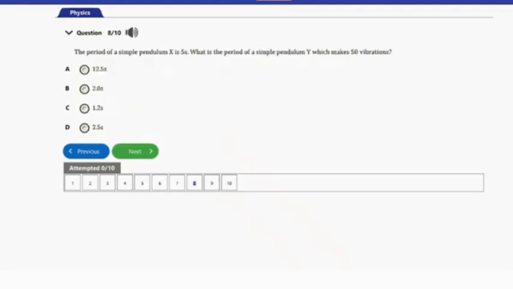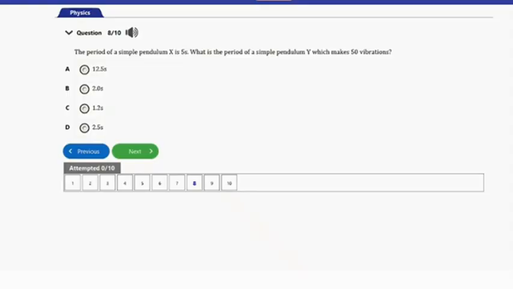So we have here question number 8. It says, the period of a simple pendulum X is 5 seconds. What is the period of a simple pendulum Y which makes 50 vibrations? Actually, guys, the question here is the period of a simple pendulum X which makes 20 oscillations is 5 seconds.